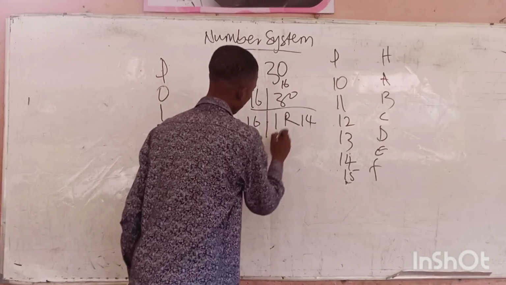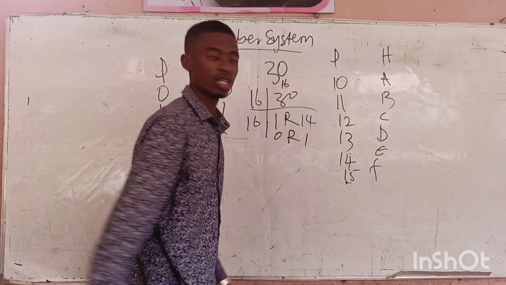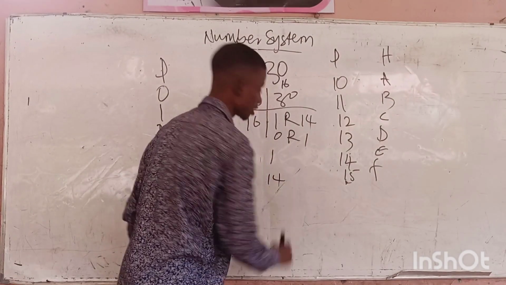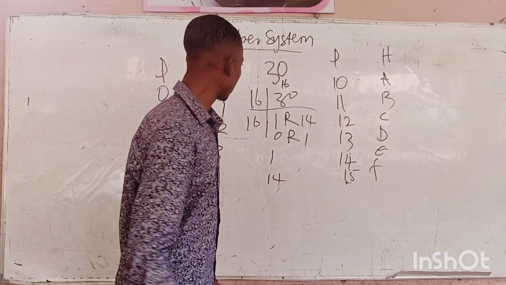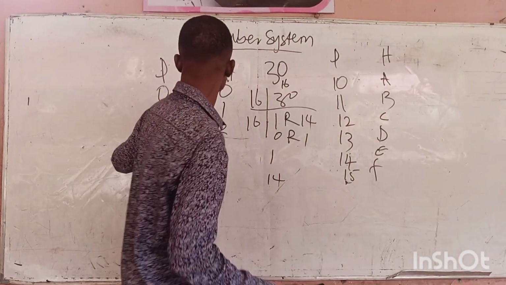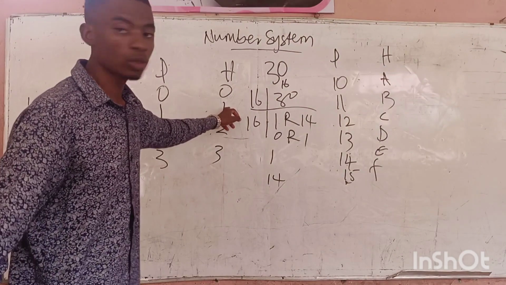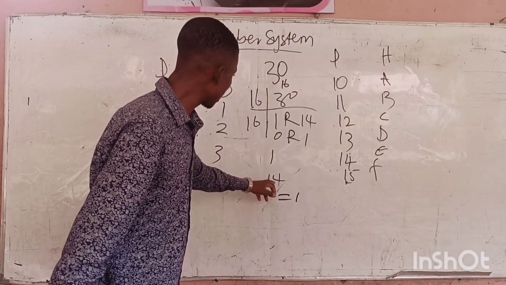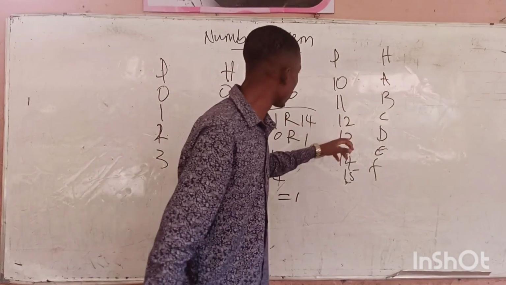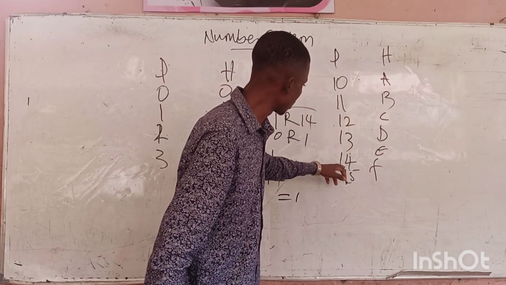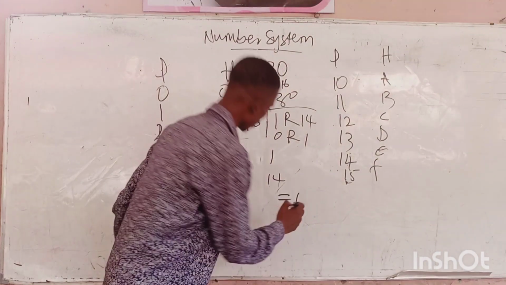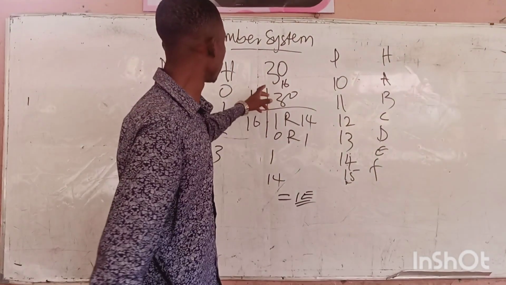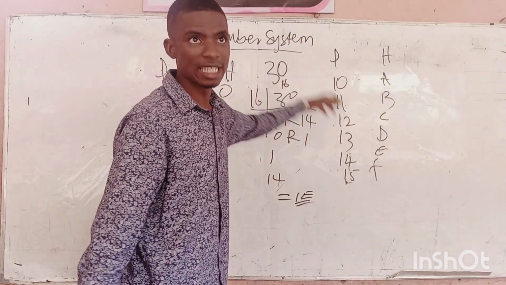And 1 divided by 16 gives you 0, remainder 1. So the implication is that we have 1 and 14. 1 in decimal is the same thing as 1 in hexadecimal, so we have 1. While 14 in hexadecimal corresponds to E. So it becomes 1E.